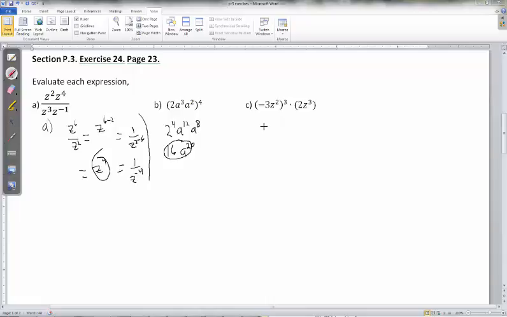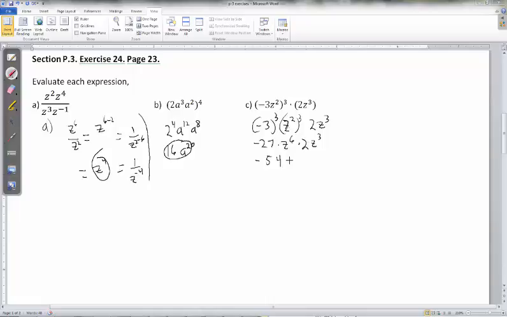And then here, on part C, looks like I have to distribute first, so negative 3 to the 3rd, z squared to the 3rd, to z to the 3rd, negative 27 z to the 6th times 2 z to the 3rd. 2 times negative 27 is negative 54.